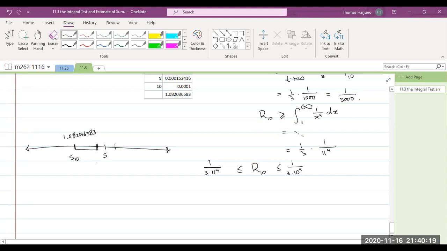So this guy here is S10 plus 1 over 3 times 11 to the 4th, and this guy here is S10 plus 1 over 3 times 10 to the 4th.